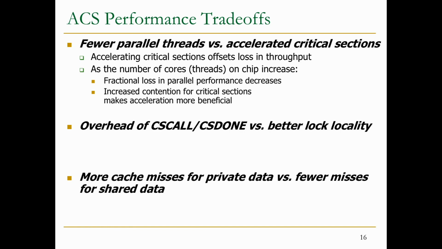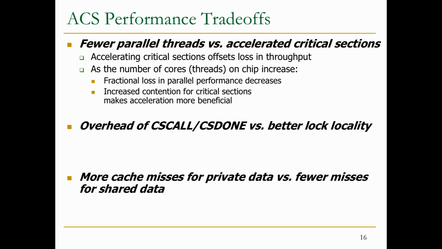As we discussed yesterday, as the number of total cores or total chip area increases, the fractional loss in parallel performance decreases. So let's assume that you have a chip area that's equivalent to 16 small cores. You dedicate 4 cores to critical section execution. You lose 25% throughput in the parallel parts because 4 out of 16 is gone. Right?